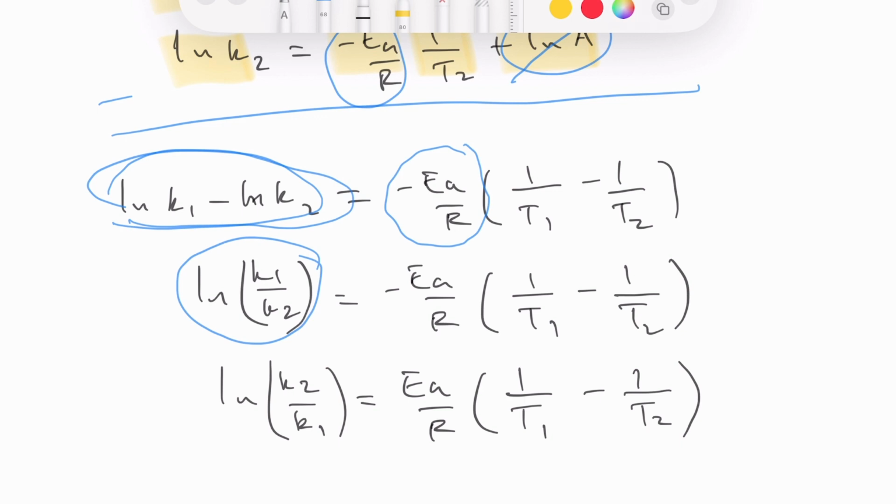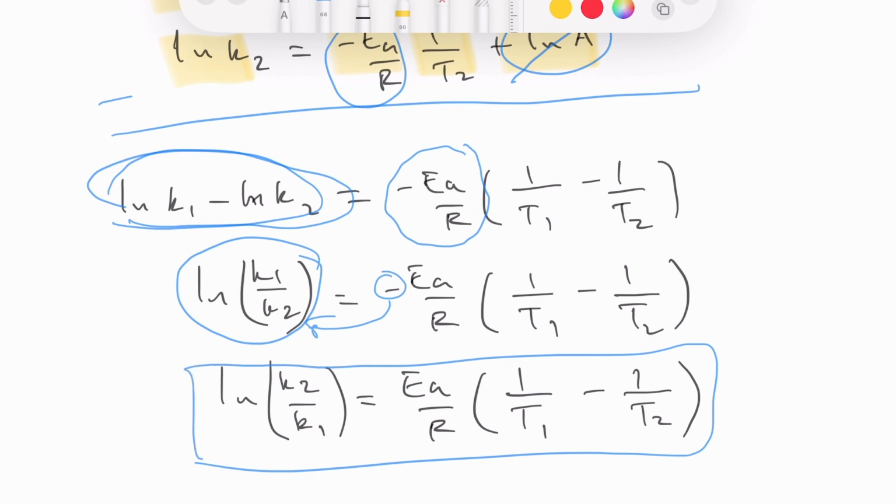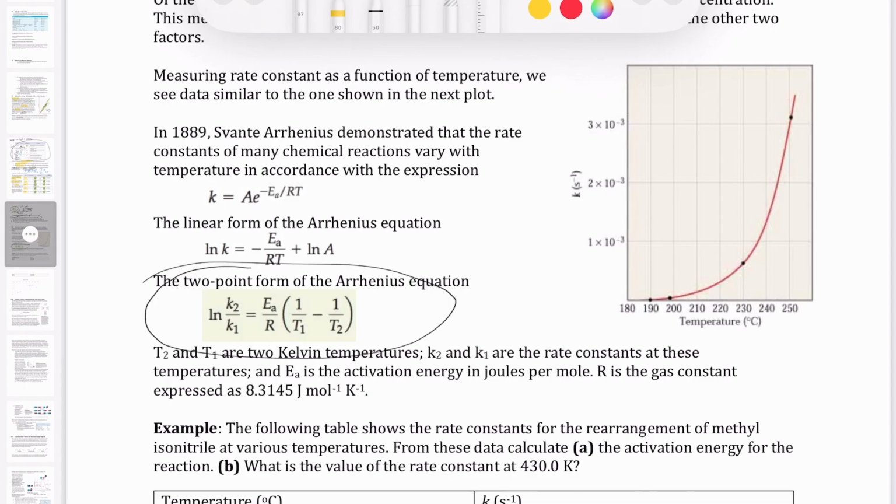That's a log property. If we bring the negative to the left side, that flips the ratio in the log expression, because remember that if you raise something to the negative power, it is the reciprocal. So now we have ln of k2 over k1, and on the right side is just a positive number: Ea over R, 1 over T1 minus 1 over T2. And this is exactly that equation that you saw earlier, which you can see here. All right.